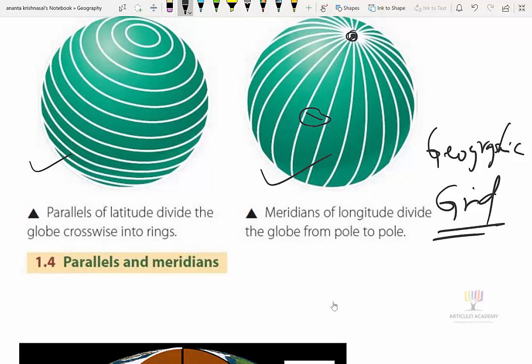Meridians define the north or south direction, and parallels define the east or west direction. So an infinite number of parallels and meridians can be drawn, and every point on the Earth has a combination of one parallel and one meridian, defined by their intersection. This is what the parallels and meridians do in terms of their function.